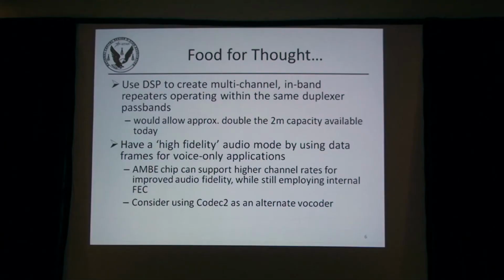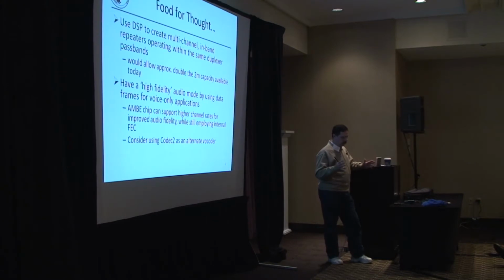So this geographical reuse is going to be just about as important as frequency reuse, and that's one of the selling points of D-Star. By virtue of being more narrowband, you get greater frequency reuse, or spectral efficiency. What I'd like to really see is people working within the passband of existing duplexers for our wideband analog radios today.